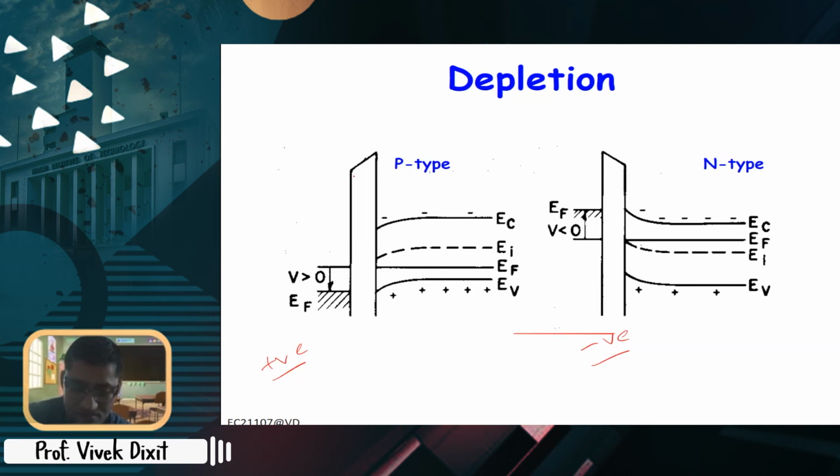So this has gone down. So you see that the direction of the field here will be opposite, and the separation between the Fermi level and the valence band edge is more here. So holes are reduced here. So it becomes a depletion. Now, if EF is closer to EI, right? That means it's a depletion region because it is depleted of majority carriers.